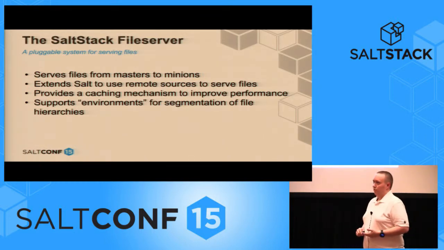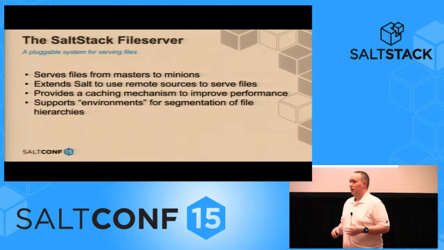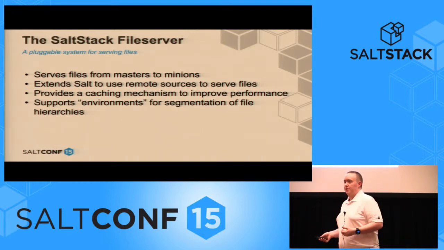So for backends where Salt needs to get files from external sources, such as the version control system backends like GitFS, Mercurial, etc., what it'll do is fetch those repositories to the master, so the minions don't have to actually touch those repositories.